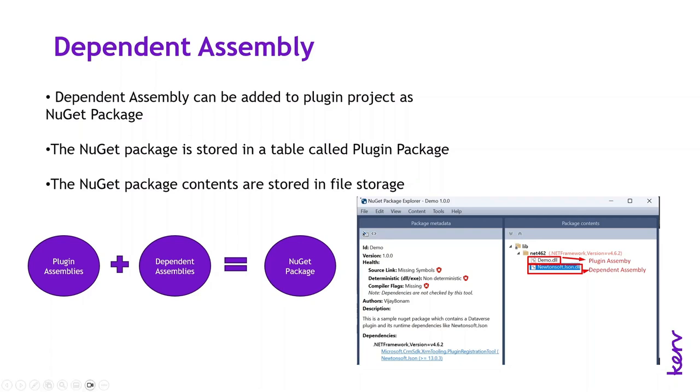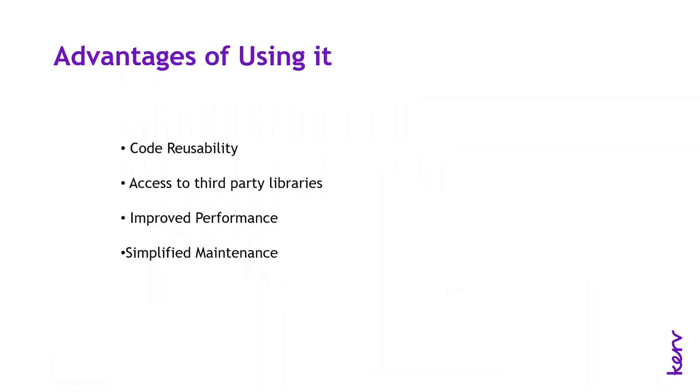Now, let's look at the advantages of using the dependent assembly. Code reusability: by referencing a common library using dependent assemblies, developers can reuse code across multiple projects. This promotes consistency and reduces the risk of errors.